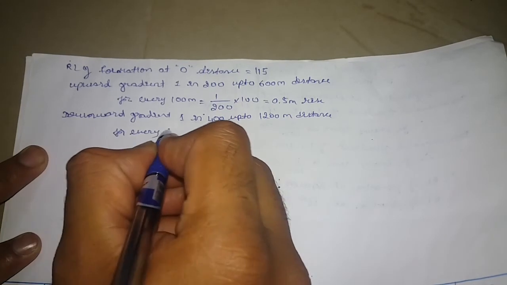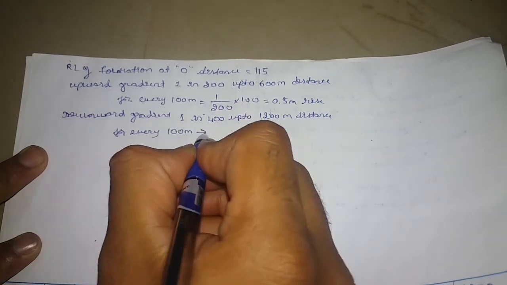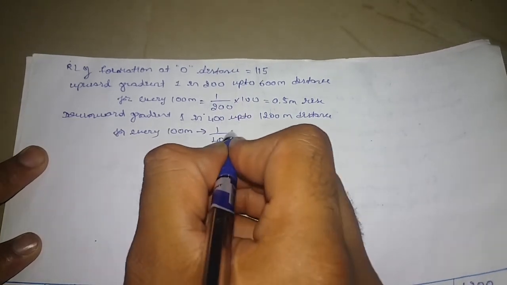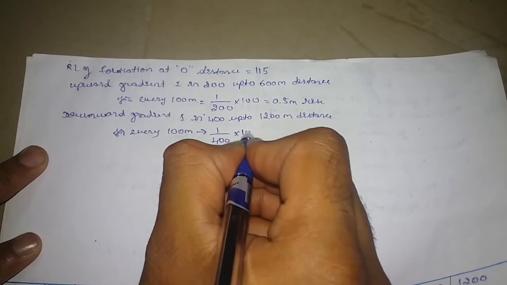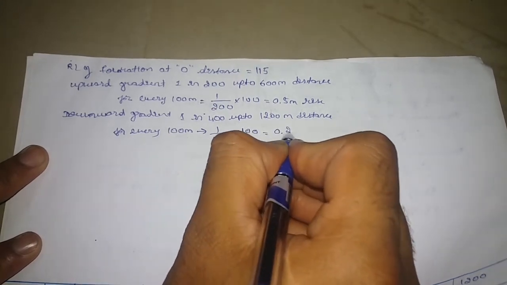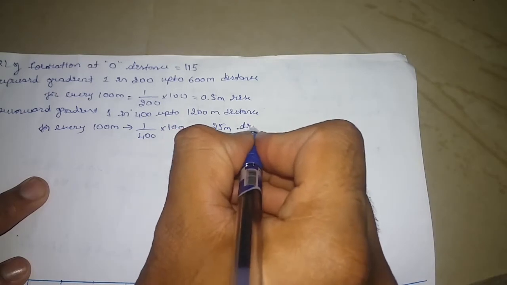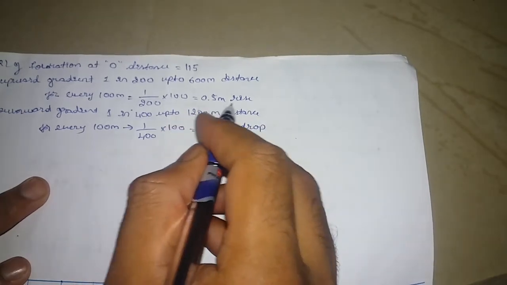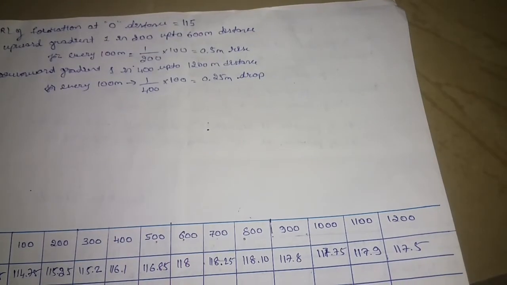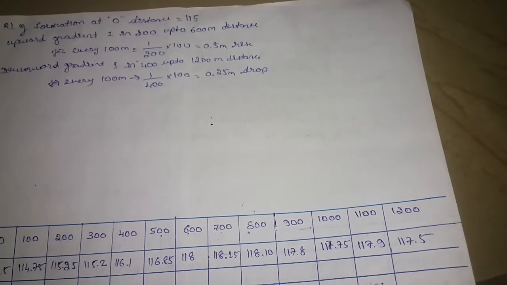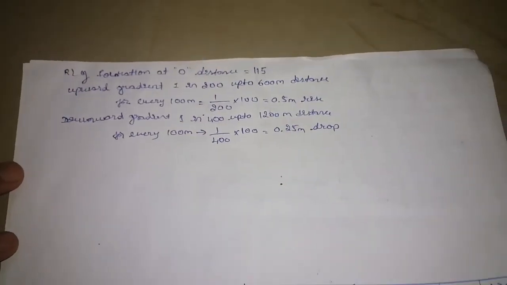Now we need to calculate for every 100 meter. 1 by 400 into 100, how much do you get? It is 0.25 meter. So this will become a drop. This much of drop is taking place and this much of rise is taking place. This is what we calculated.